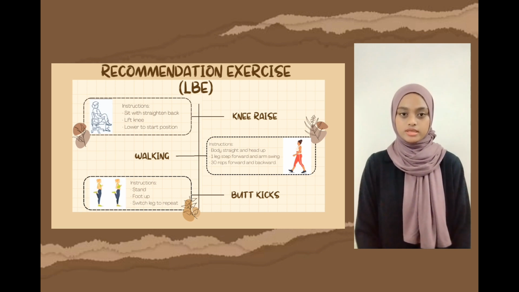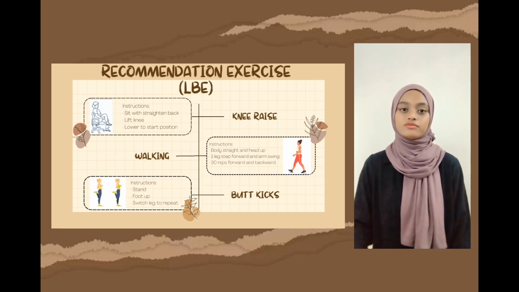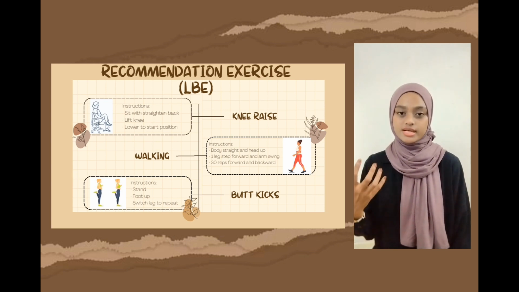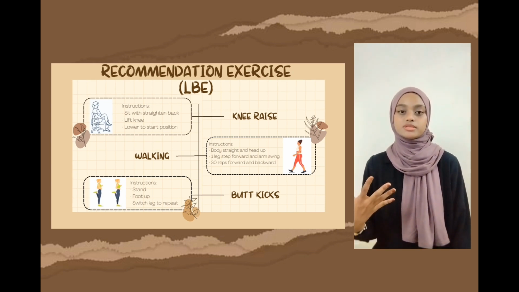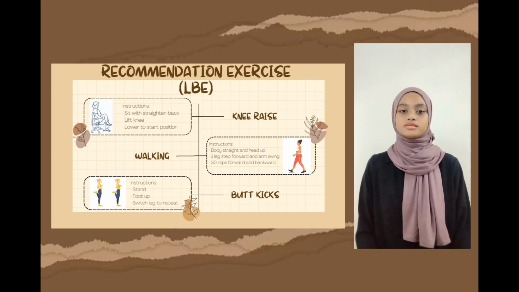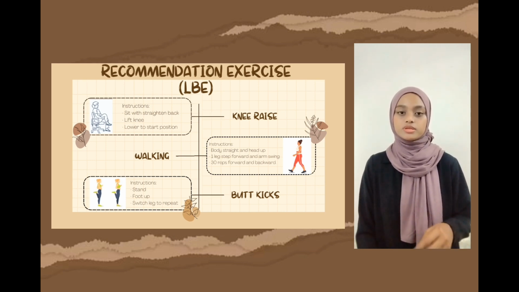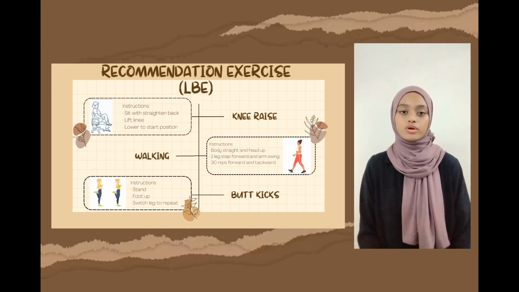Next is walking. Even though it is a simple exercise, it has an influence for Aisha Adani because she has osteoarthritis. The instruction first is to keep your head up and strengthen your back. Then put one step forward and swing your arm.